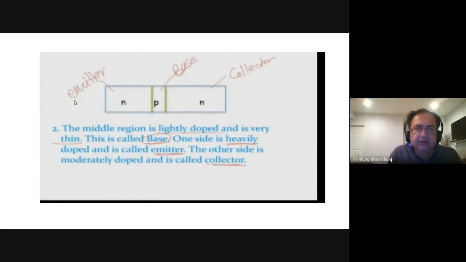This kind of device is called an NPN transistor. You can also have a PNP transistor. So, an emitter, a base, and a collector. Typically, there is a voltage applied between the P and the E, so between the base and the emitter.